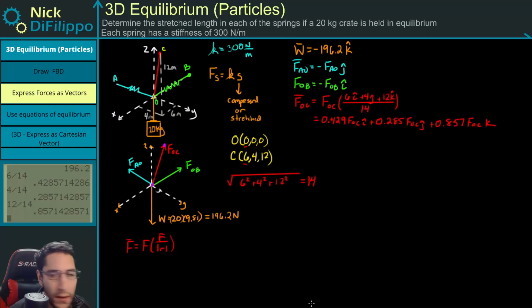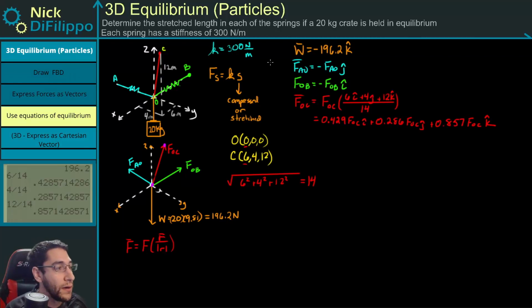And actually, let me make sure I'm just rounding consistently. This I'm going to round up to a 6. So now all of our forces are expressed as Cartesian vectors.